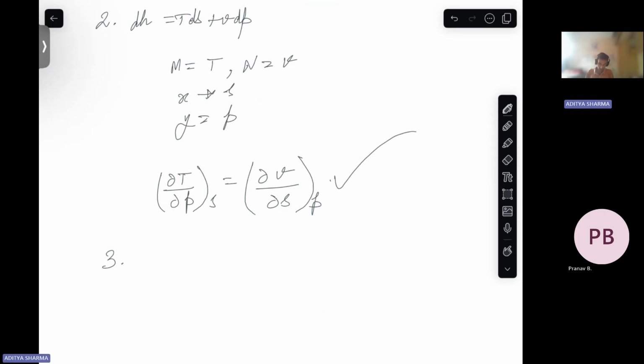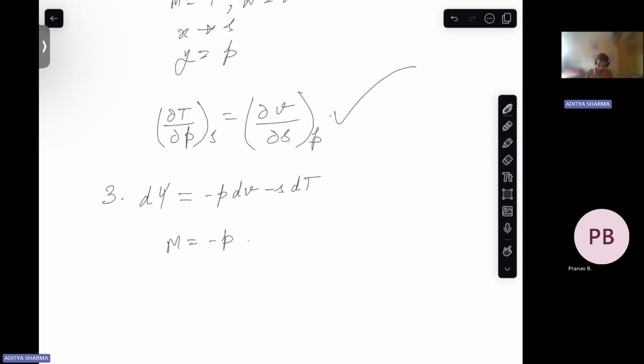And the third is based on your Helmholtz function, right? So this is dA equals minus P dv minus s dT.